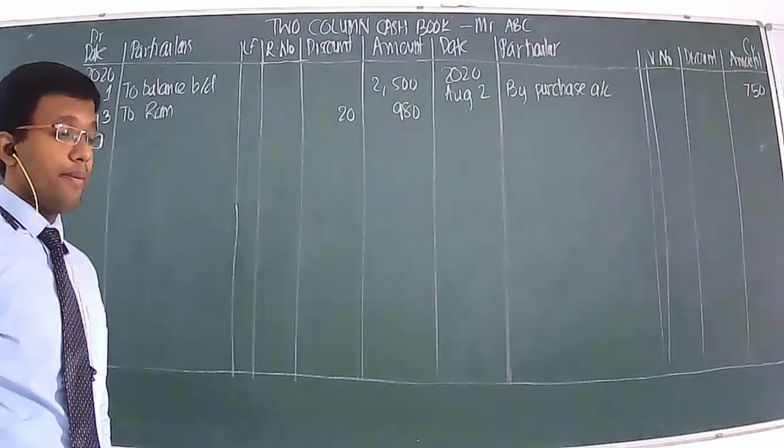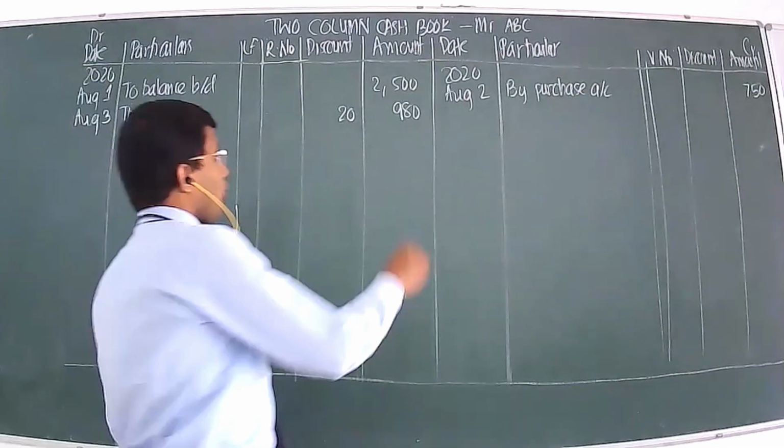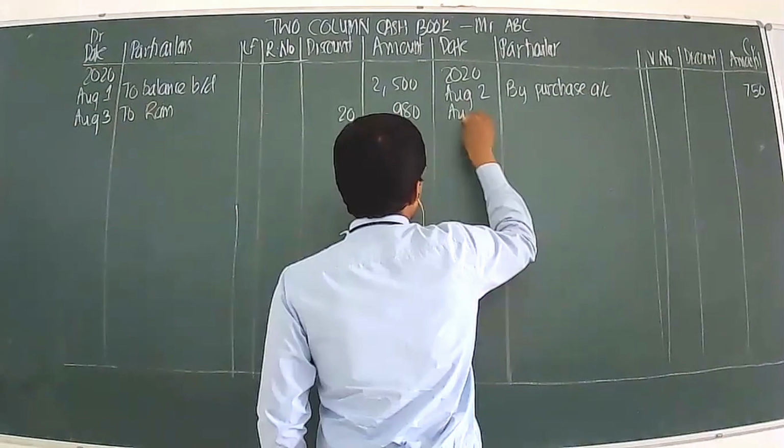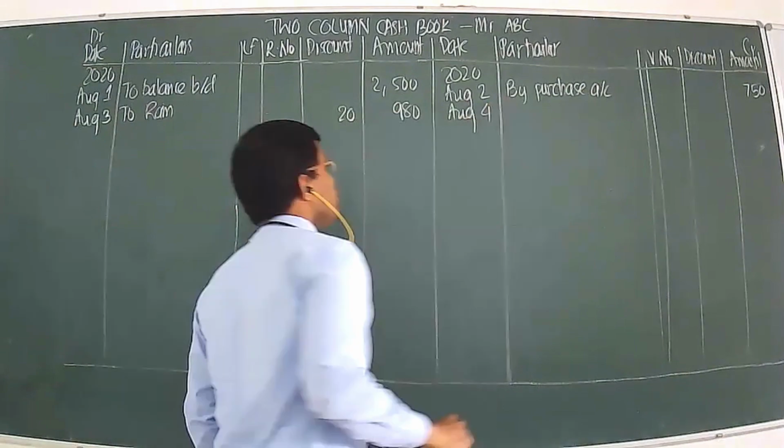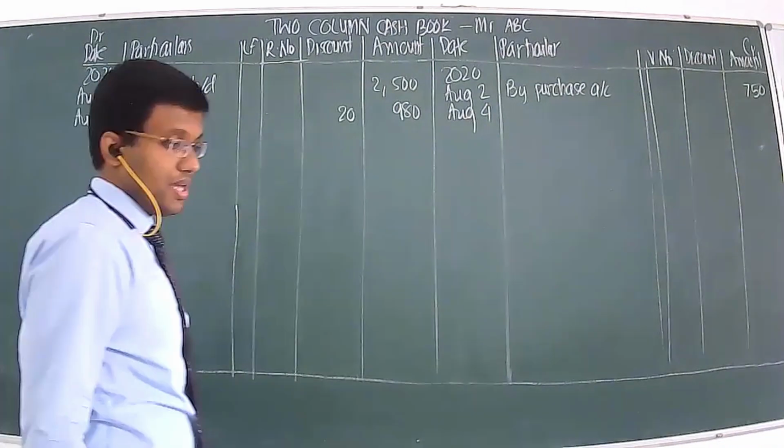August 4th, paid Rajan 290 and received a discount of 10. So on August 4th, you're making a payment to Rajan.